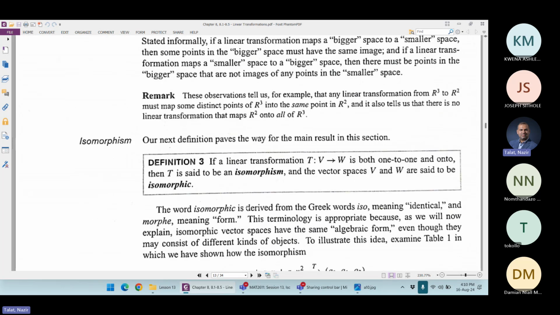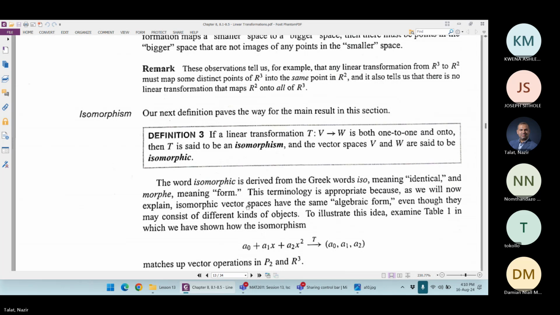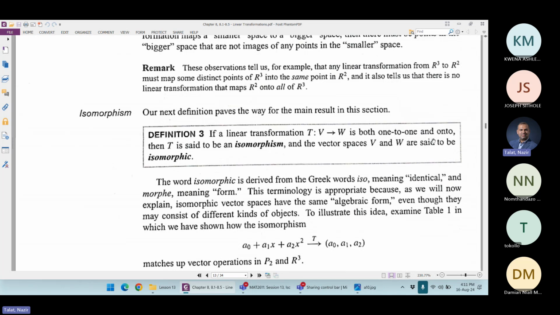Now, if the linear transformation is 1-1 and onto, then we call such a transformation an isomorphism. Isomorphism is a very important property and relation between two vector spaces. If there is such a linear transformation between two vector spaces, then we call both spaces isomorphic to each other.